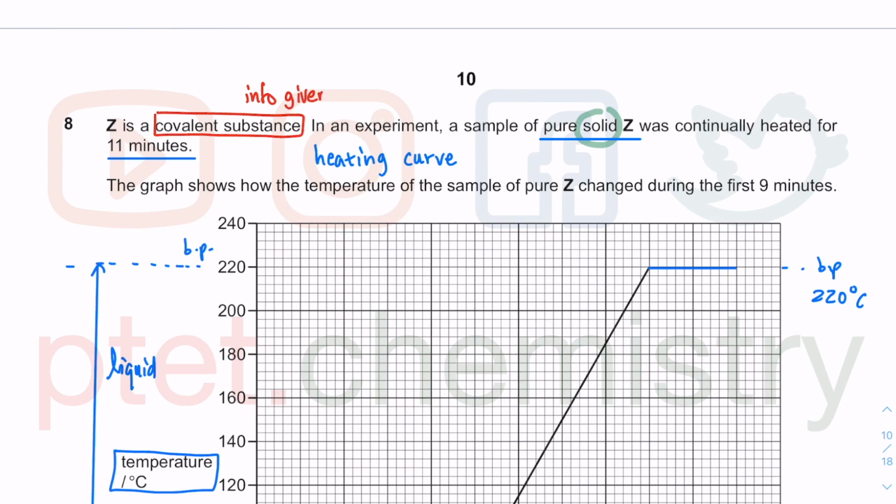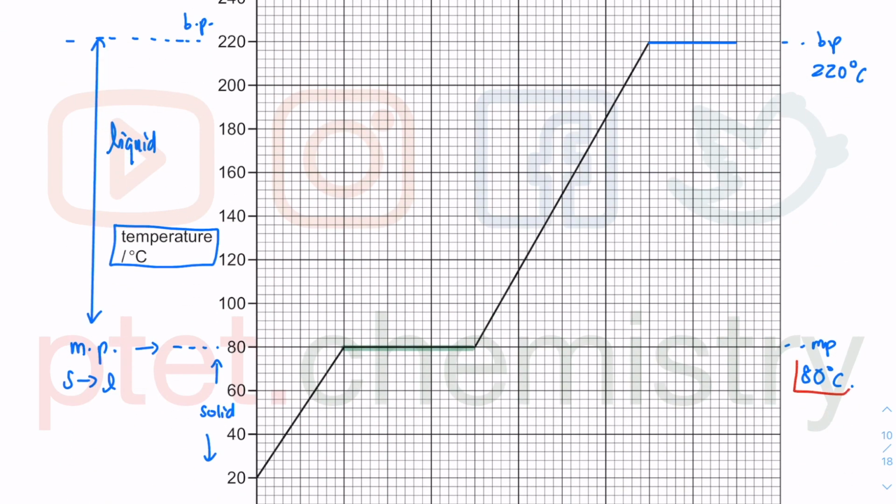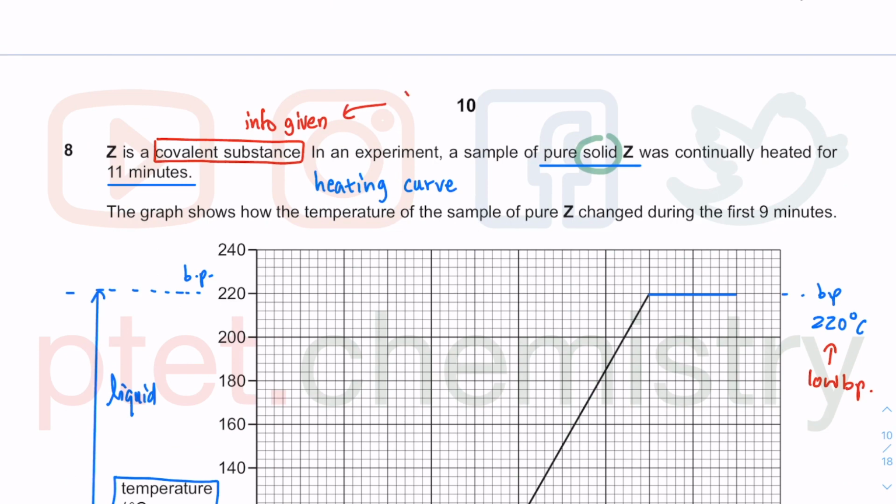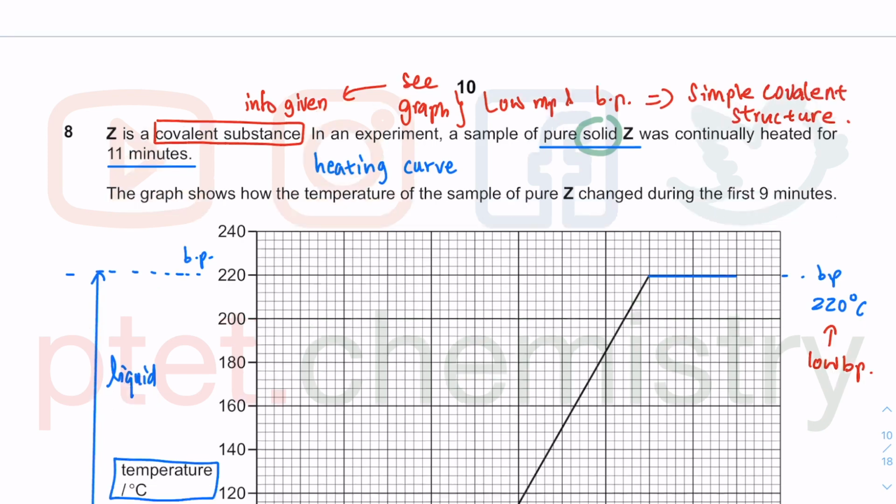But looking at the melting point, 80 degrees Celsius is considered a low melting point, and 220 degrees Celsius is considered a low boiling point. So based on the data, you will see that this one has a low melting point and boiling point, suggesting that this one must have a simple covalent structure, or you can say simple molecular structure.